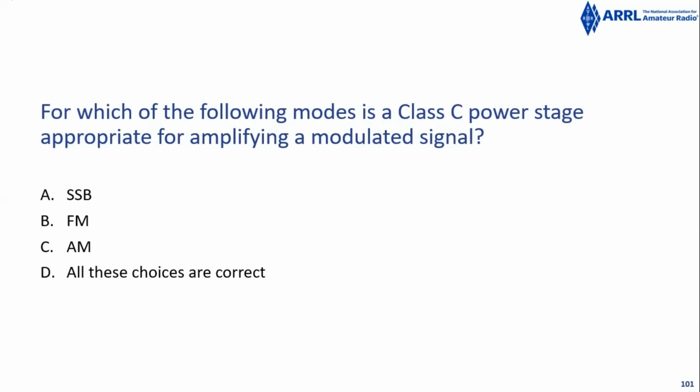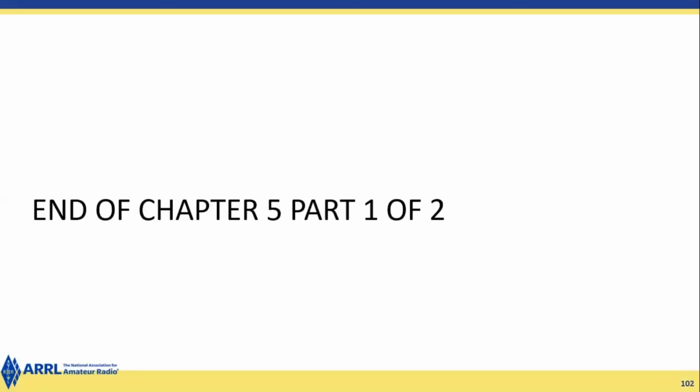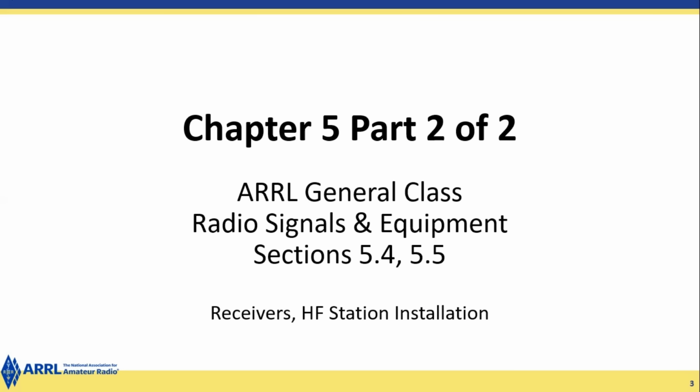For which of the following modes is a Class C power stage appropriate for amplifying a modulated signal? FM only. It's not linear, so with single sideband or AM you'd have distortion. So FM. All right, our next section, we're going to be talking about receivers and HF station installation.